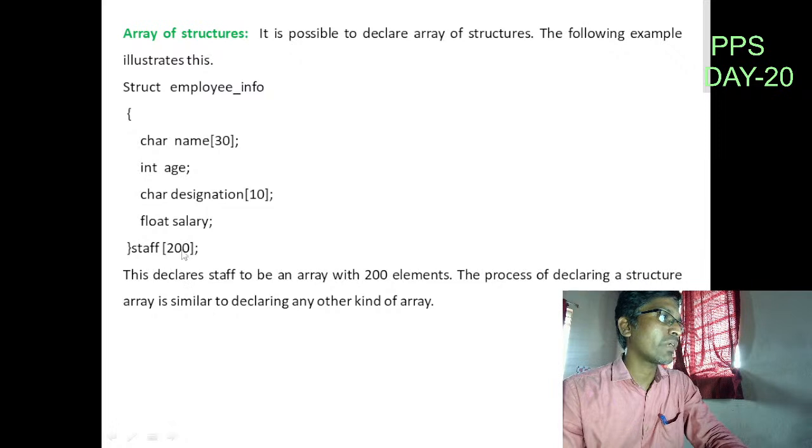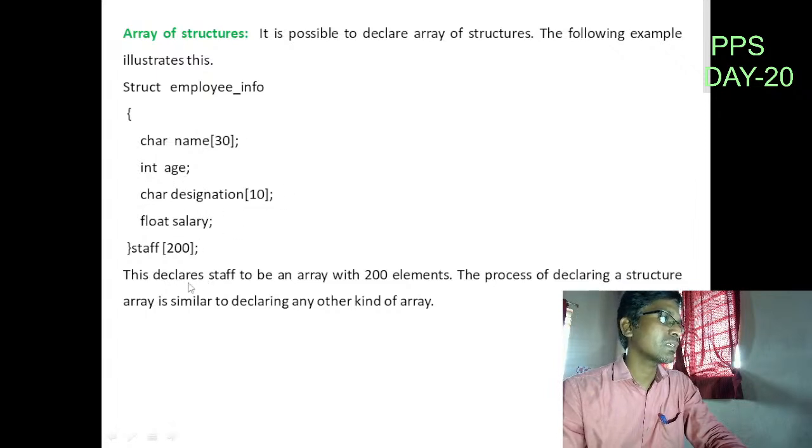And I want to find out the number of employees in the employee information, which will be 200. So that means we can go up to 200 and read the employee information, which contains name, age, designation, and salary.